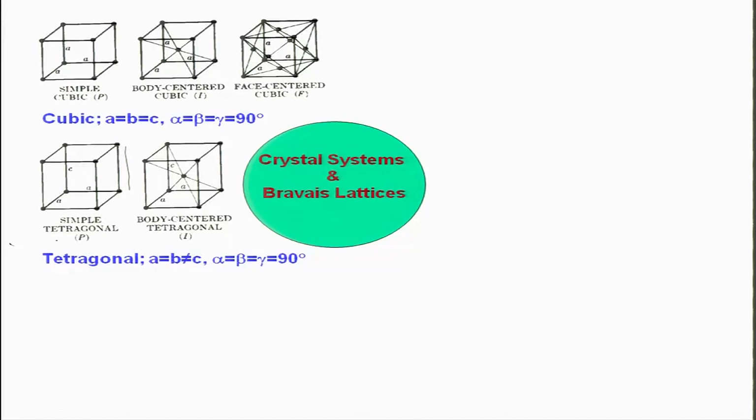As a result, this is 8 into 1 by 8. So, 1 lattice point. Again, here you have body centered tetragonal. So, you have 1 lattice point here, and here, both are identical lattice points. So, you have 1 plus 8 into 1 by 8 is equal to 2 lattice points. In the previous case, it was 8 into 1 by 8 plus 6 into 1 by 2. This will make it 4.